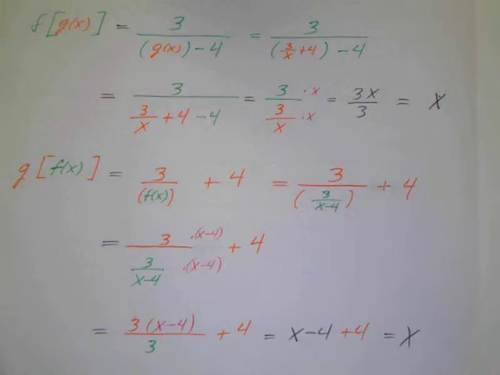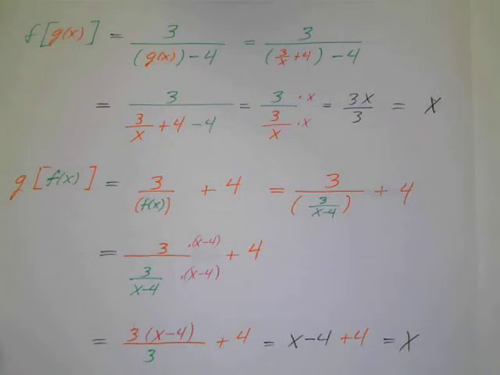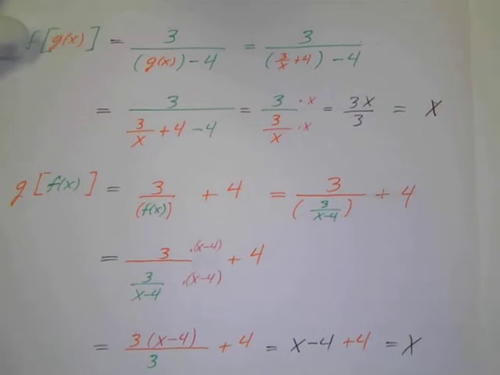So again, these functions undo each other, and I get back an x. So we verified that these functions are inverses of each other, or g of x is the inverse of f of x. Okay? So take a look at that, make sure you thoroughly understand how we did those substitutions, and hopefully that all will help.